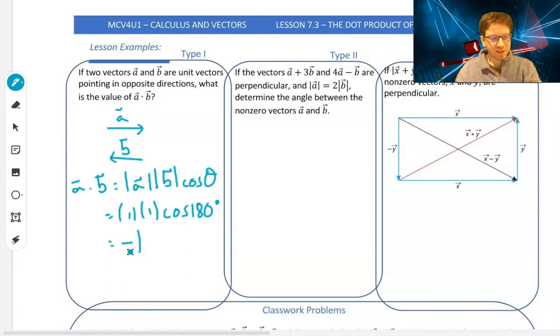Okay, and we'll talk about how that is used in applications in a later lesson. But mostly we're going to use the dot product to explain what work is from a physics point of view.